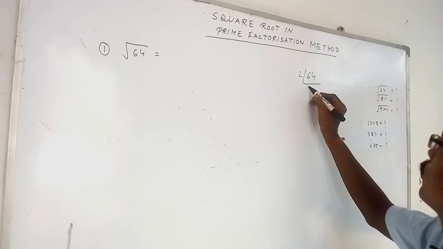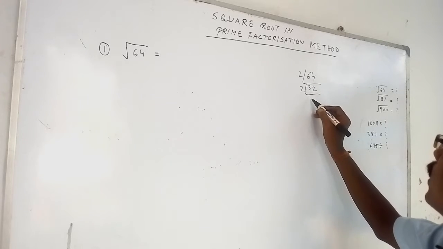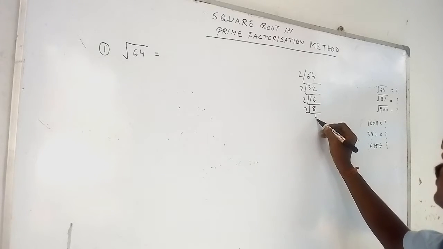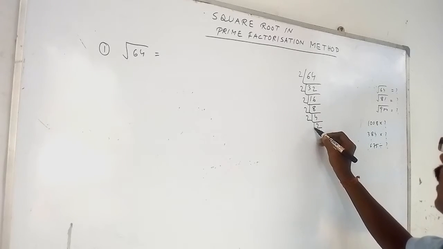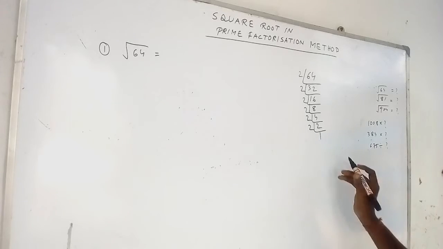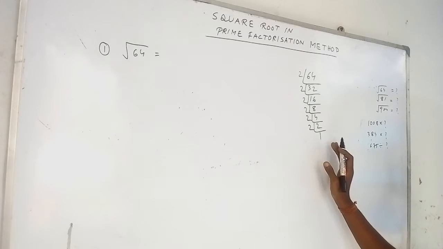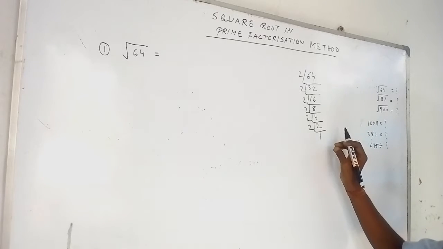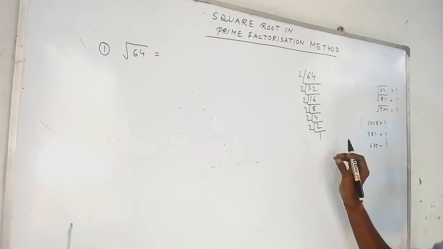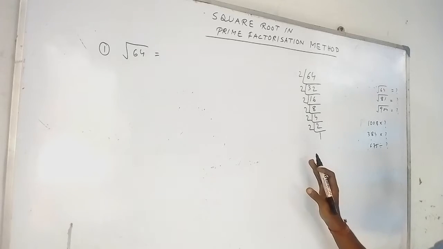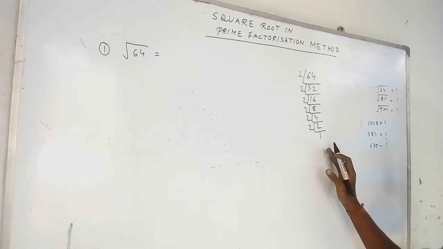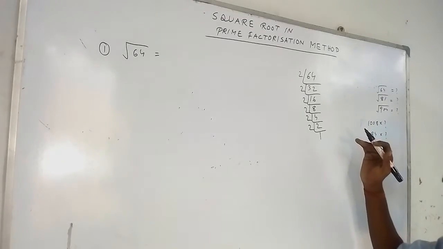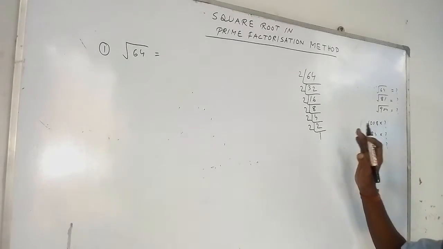So divide it by 2, 32. 2 again, 16. By 2 again, it is divisible by 2, 4. Again it is divisible by 2 and at last it comes to an end, 1. 1 should be written so you can recognize whether the factorization is at an end or not. 1 is neither a prime number nor a composite number, but this process should end at 1. 1 should be used symbolically.